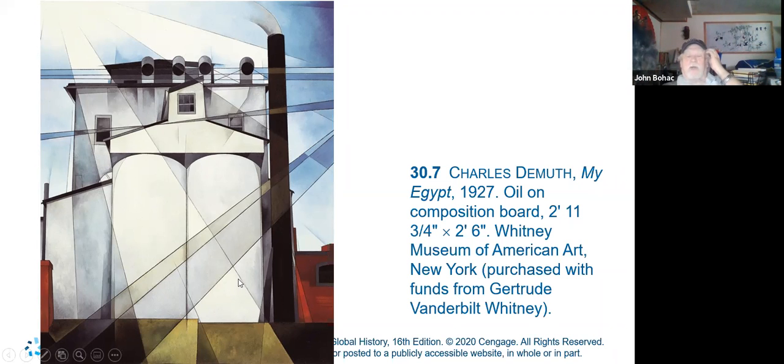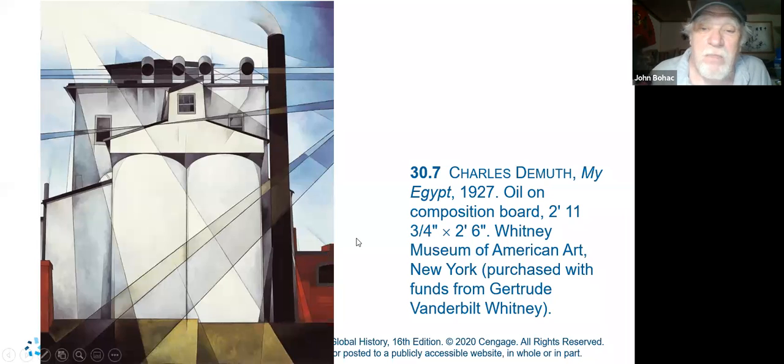Favorite subjects were things like the Ford Dearborn plant in Detroit, Michigan, which was a large manufacturing plant where they made Model Ts and other Fords after that.